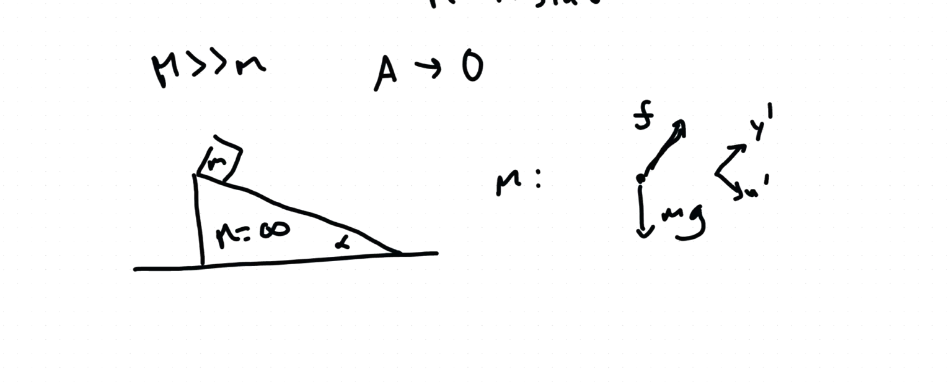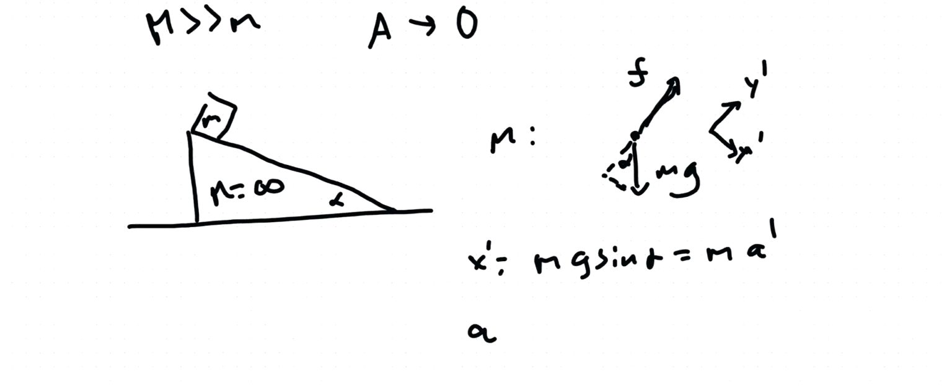The x prime equation: if I separate mg into components, there's an alpha angle there, so mg sine alpha is equal to m times a prime. This means that your a prime acceleration is g sine alpha.